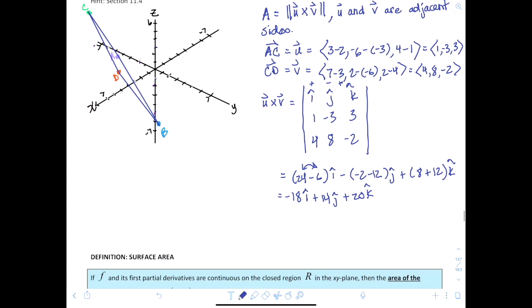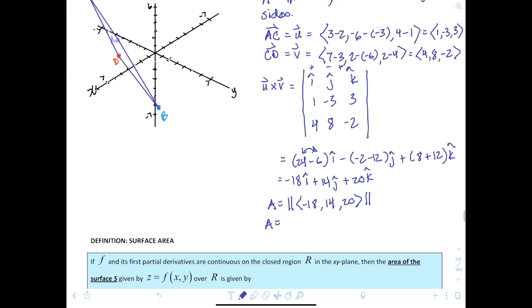So the area will be the magnitude of that vector. I don't know, we can take a 2 out of each of them, can't we?